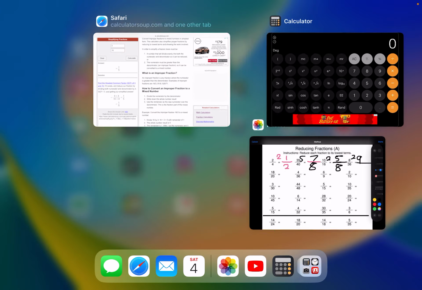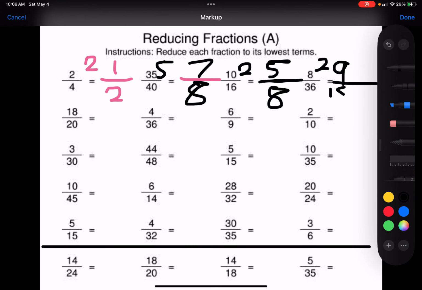So it's going to be 18. As well as 9 and 18, it is going to be simplifying to 1/2.